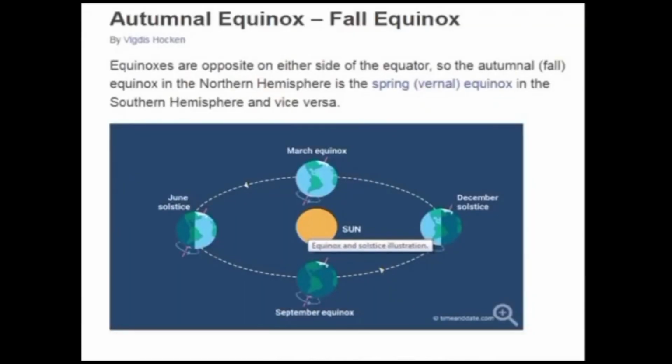Let us see. The autumnal equinox is also called the fall equinox. Equinoxes are opposite on either side of the equator. So, the autumnal or the fall equinox in the northern hemisphere is the spring or the vernal equinox in the southern hemisphere, and vice versa. I hope this concept is really clear to you.